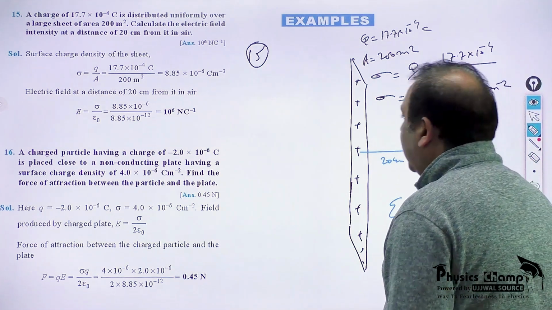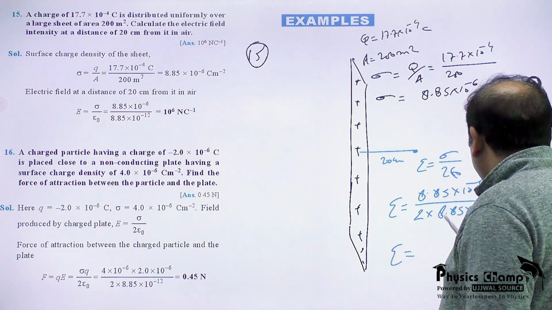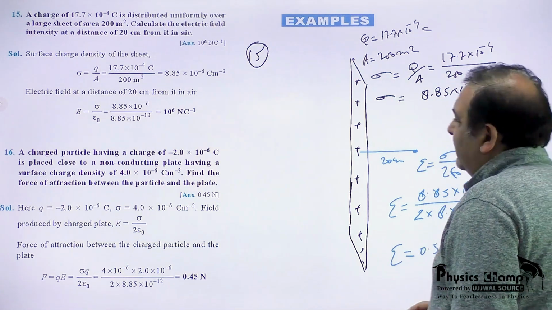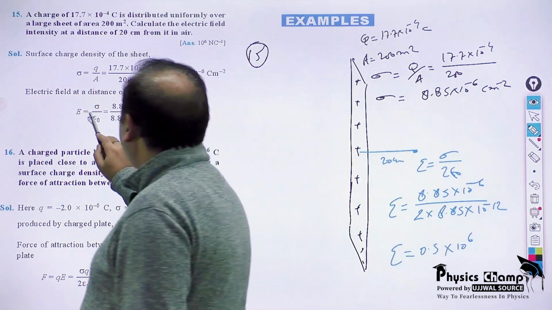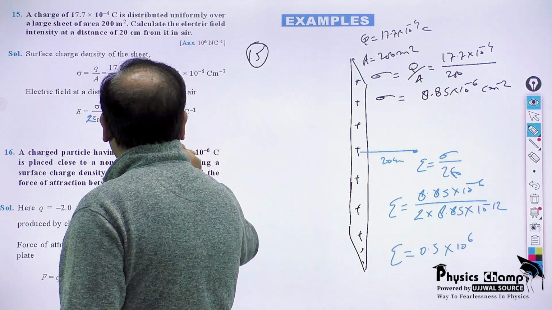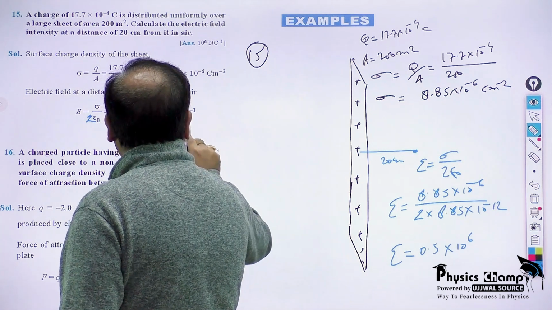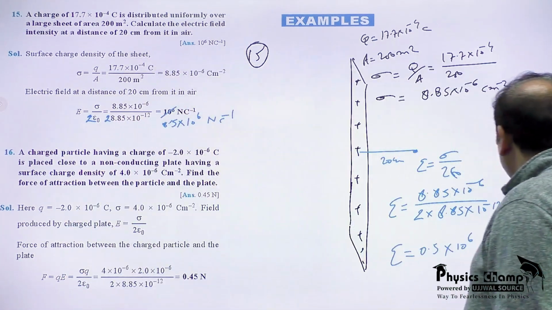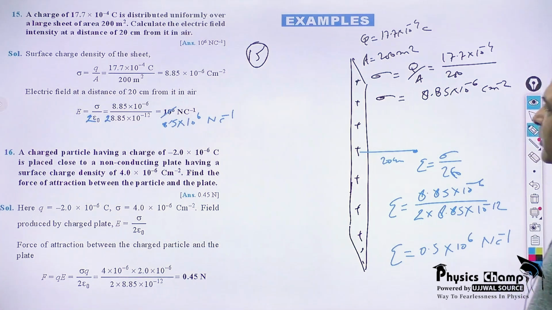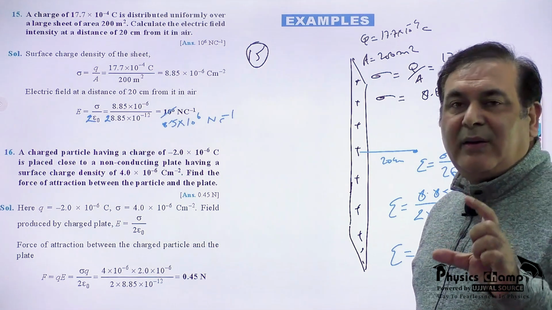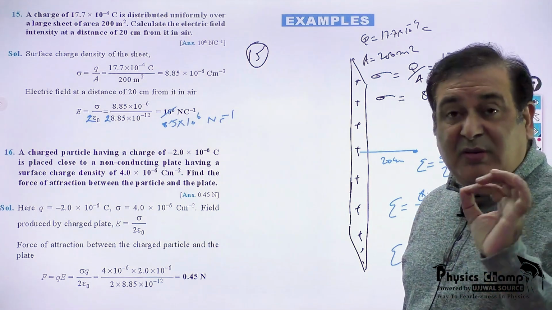So electric field should be in fact 0.5 into 10 to the power 6. So here I should make it 2 times, and this is 0.5 into 10 to the power 6 Newton per coulomb. So simple question, straight question on electric field due to a uniformly charged sheet which is thin.